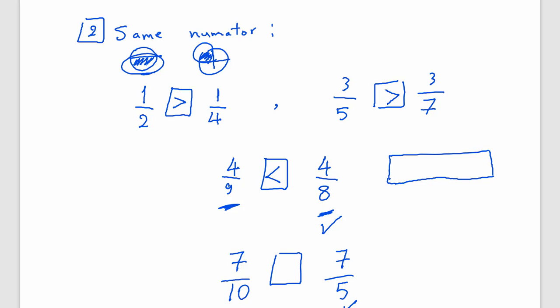You said that 1/5 is greater than 1/10. So which one is greater, 7/10 or 7/5? 7/10. But tenths have the smaller parts in size. So the parts are very, very small. And the fifths, the parts are big.